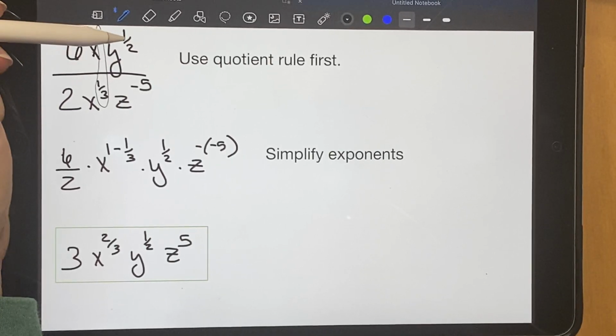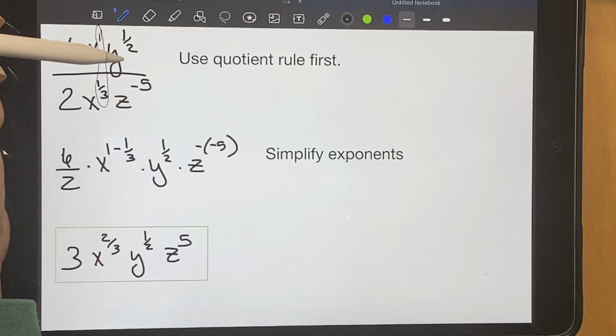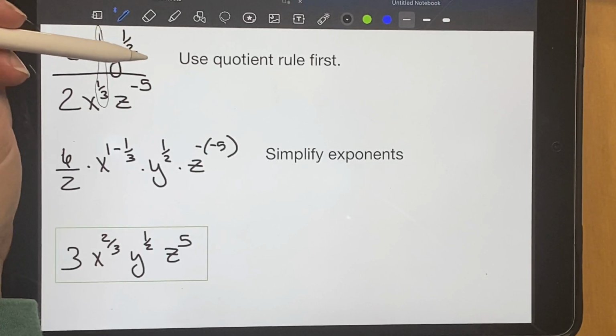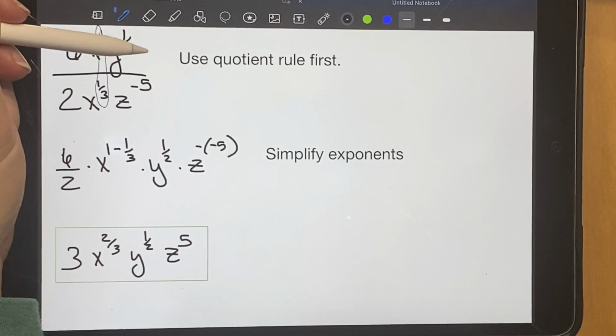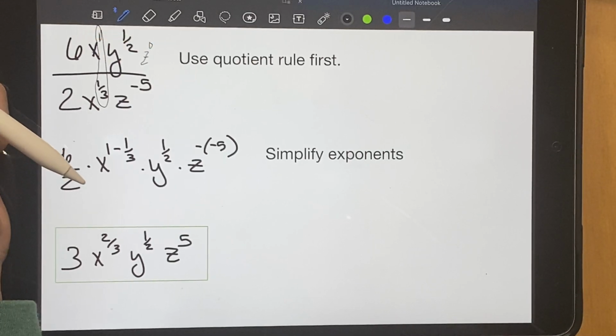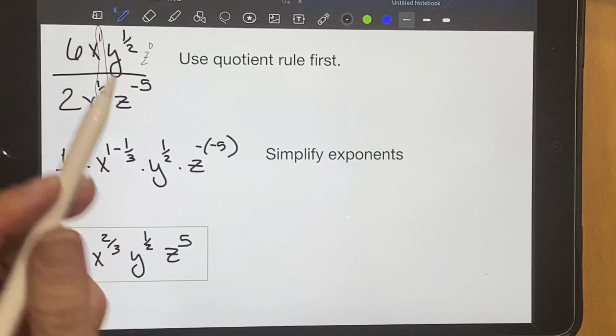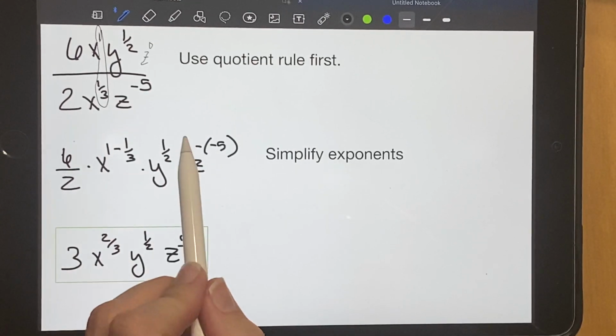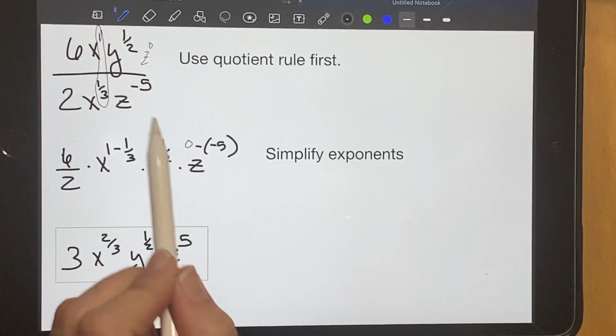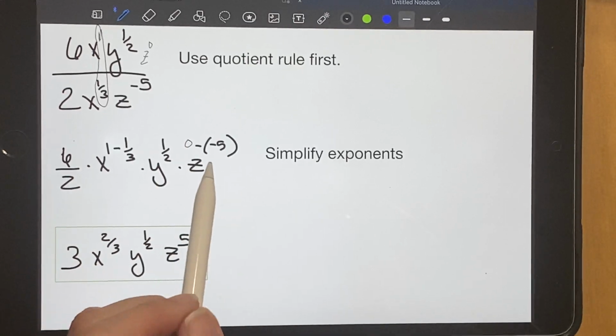My y stays the same here. And if I don't have a z on top, and I have a z on the bottom, remember that this is really a 1. Anything to a 0 power is 1, so I technically could say I've got z to the 0 on the top. And then I would have 0 minus a negative 5.